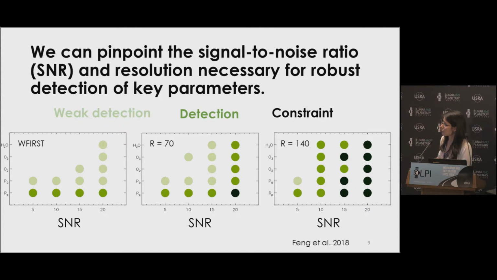And then the darker green color is a detection where there's no longer extreme values at the tails, but the precision of the posterior distribution is wide enough such, for example, for water, it would be larger than an order of magnitude. And then for a constraint over here, that means it's a peaked posterior distribution, and the 1 sigma error bars are precise enough. And so you can see as we go to higher signal to noises and higher resolutions, we get better constraints.